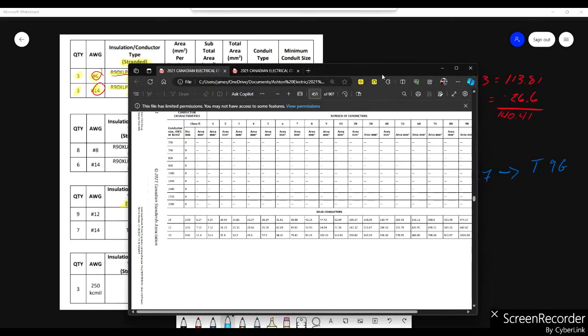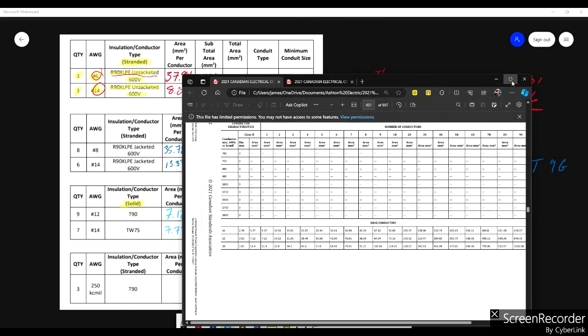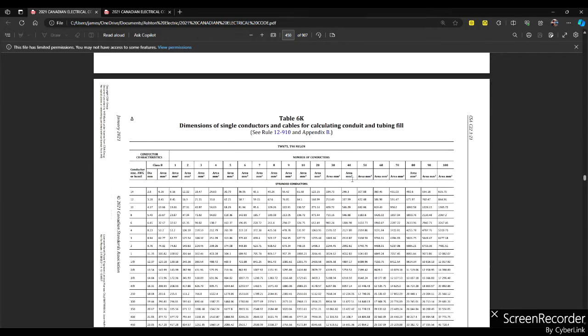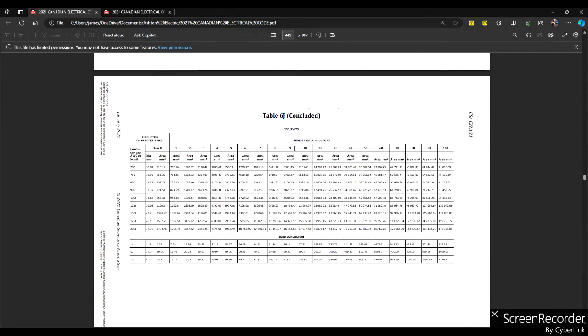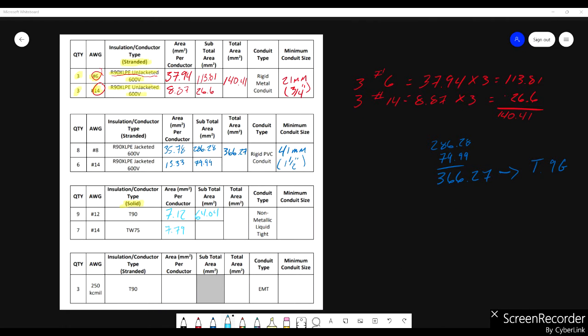All right, number 14s, 7 of them for TW75. So it's going to be up a chart. TW75, solid conductor. And we said number 14s, so individually 7.79. And then for 7 of them, 54.55. So 54.55.